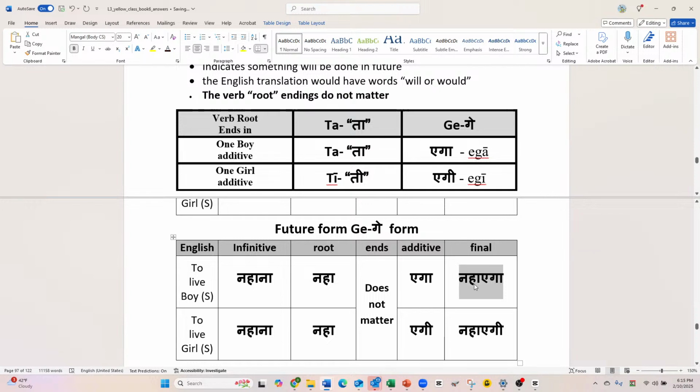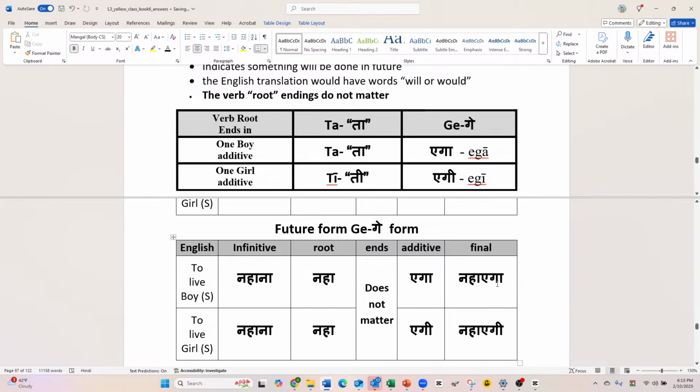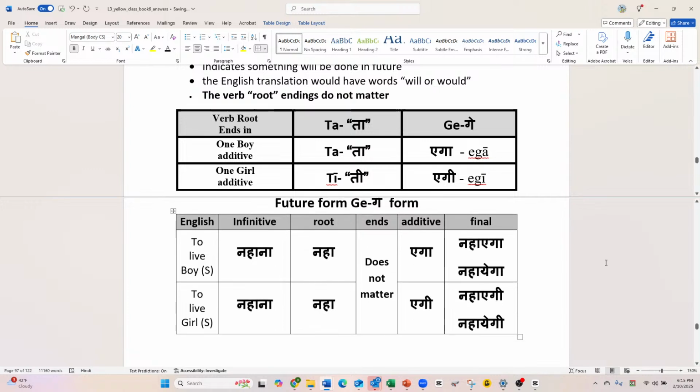It could be spelled like this, or you could spell it the other way, which I'm going to write for you. Nahaiga or nahaigi. Okay, so go and write down both the spellings.